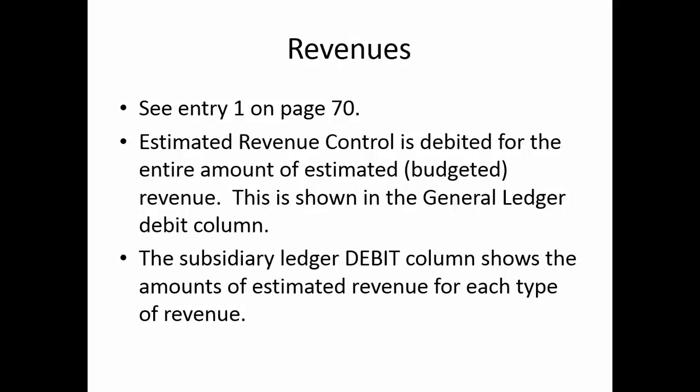The subsidiary ledger debit column, focusing on page 70, shows the amounts of estimated revenue for each type of revenue. So we are making a journal entry that includes the estimated revenue control account for the entire amount. The subsidiary ledger column shows the detail for each type of estimated revenue.